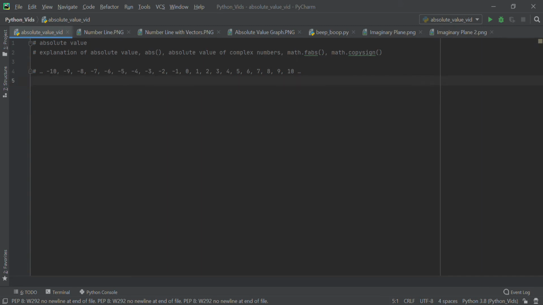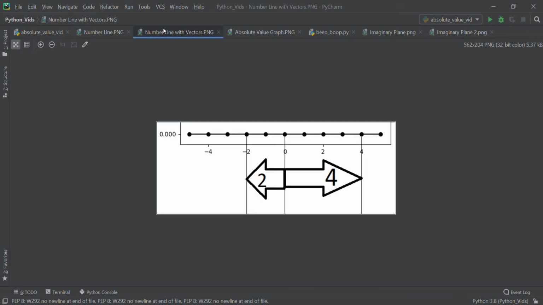One property is the magnitude, or how long it is, and then the other property of a vector is the direction it's going in. So to illustrate this further, here is a snip of a quick number line I put together. And as you will see, I drew in a couple of arrows, a couple of vectors, one facing to the left and one facing to the right.